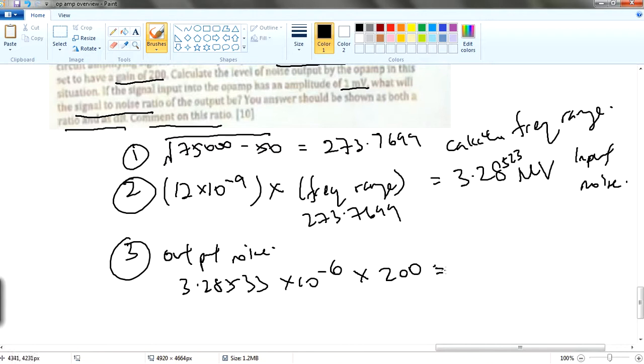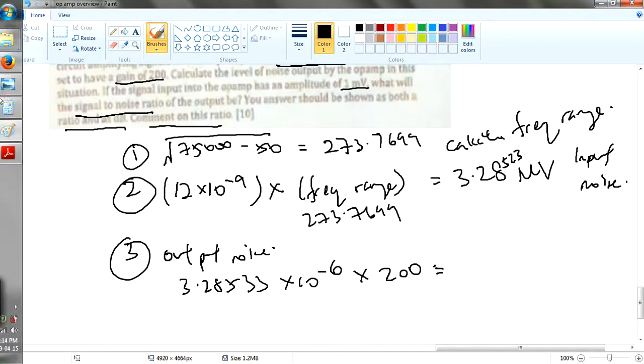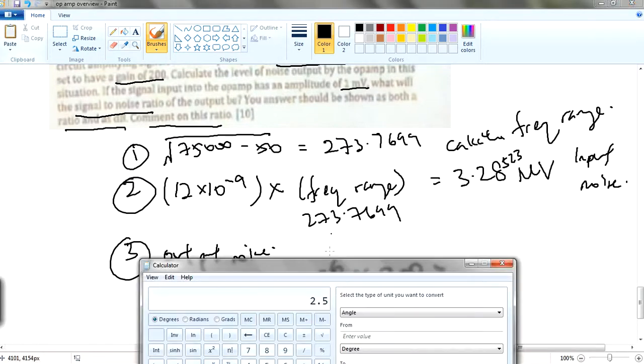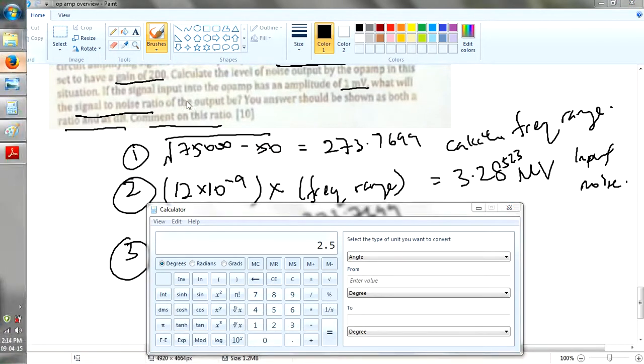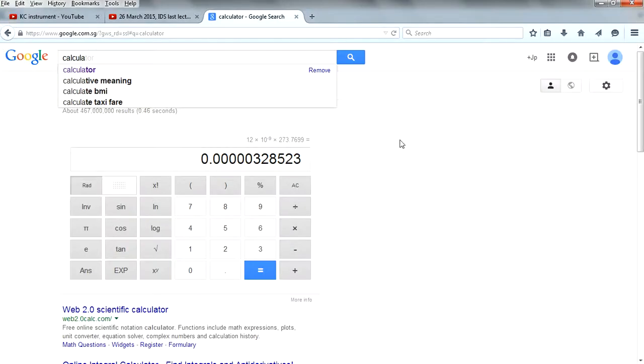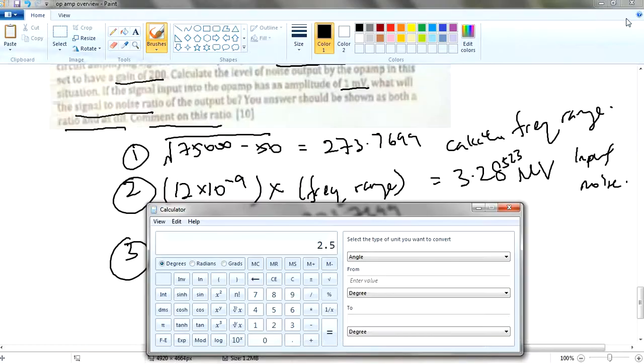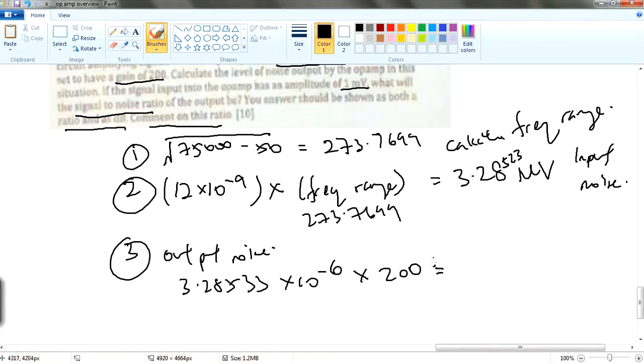So in this case it's gain. If I multiply by 200, I'll have 6.57 times 10 to the negative 4 volt.